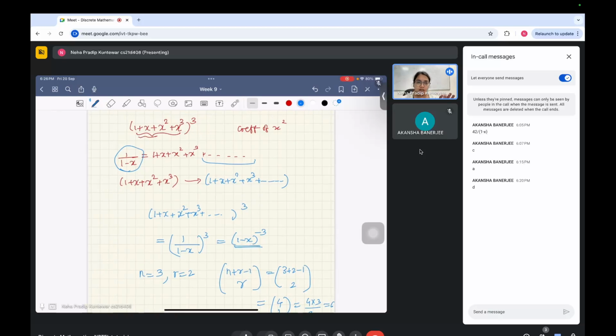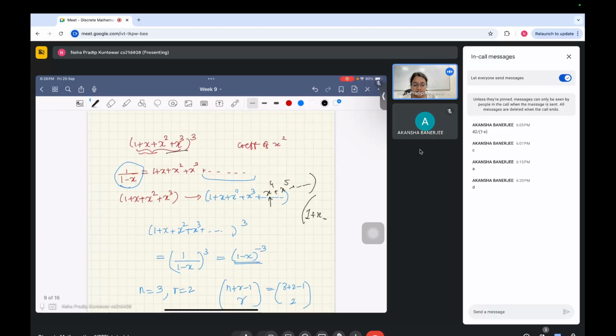The only thing that I've not justified right now is why we're not doing anything wrong by adding these terms. You're only adding higher order terms, so you are only going to add x to the 4, x to the 5 and so on. When you multiply this, say x to the 4, with even the smallest term in the next copy, there are 3 copies of this, right?